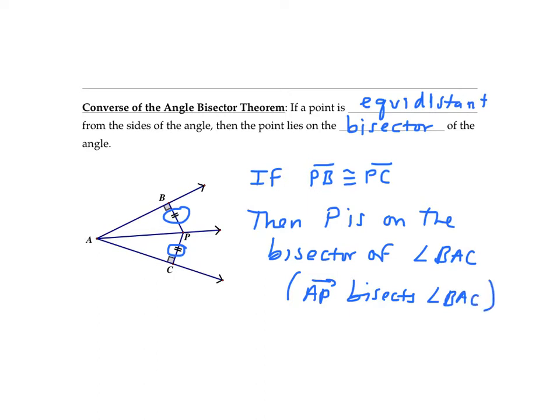In other words, ray AP bisects angle BAC, and then we could add these markings to show that those angles are congruent to each other.